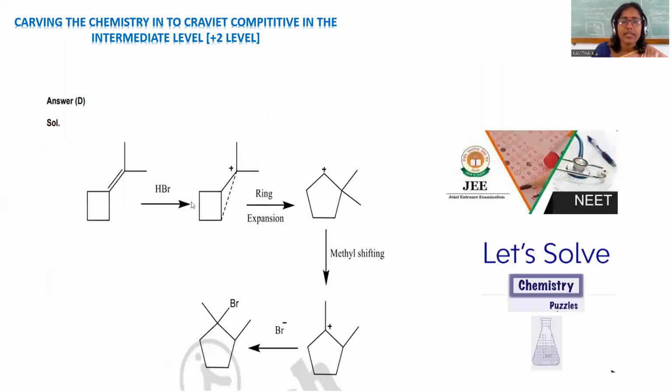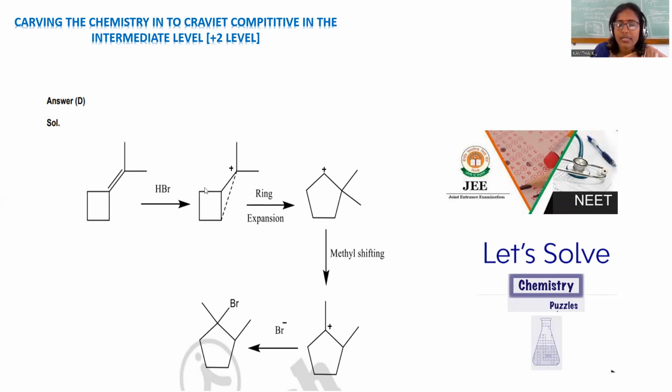If you see the mechanism, this cyclobutyl conjugated with the propyl with the double bond can be treated with HBr. Whenever HBr is added, you can add H plus to one carbon atom. When H plus is added, there is an origination of a carbocation. Here you can attain a carbocation.